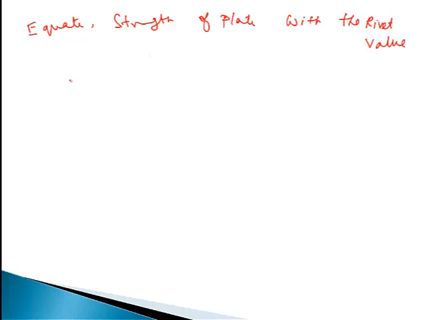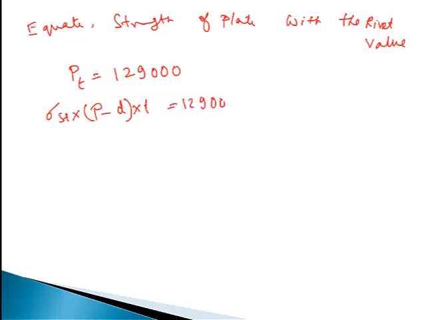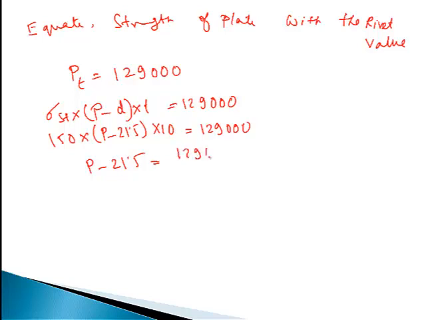If we equate the value, PT equal to 129,000, that means sigma ST into P minus D into T equals 129,000. Sigma ST is 150, P we don't know, D is 21.5, T is 10, so 150 into (P minus 21.5) into 10 equals 129,000.